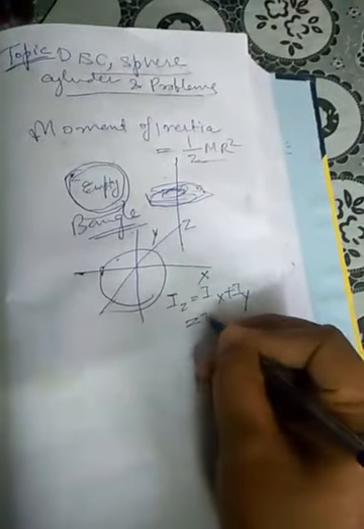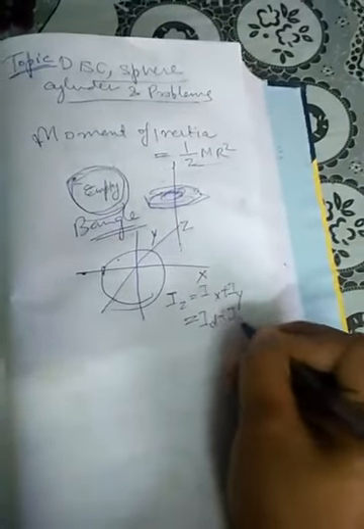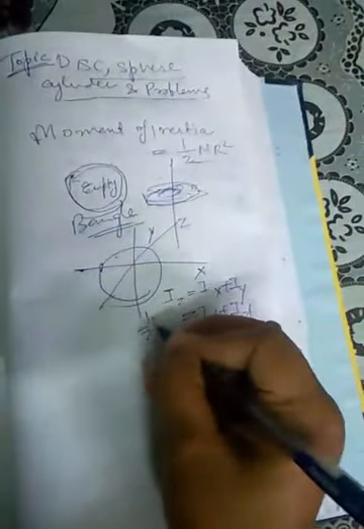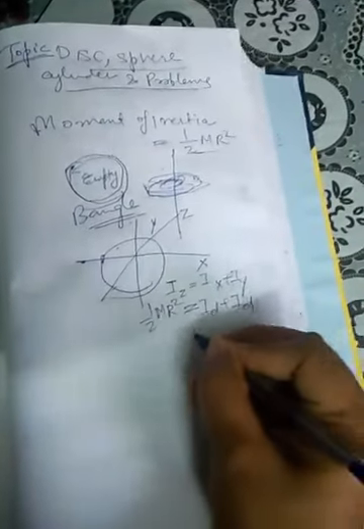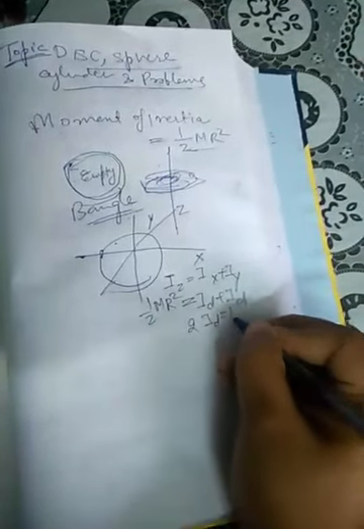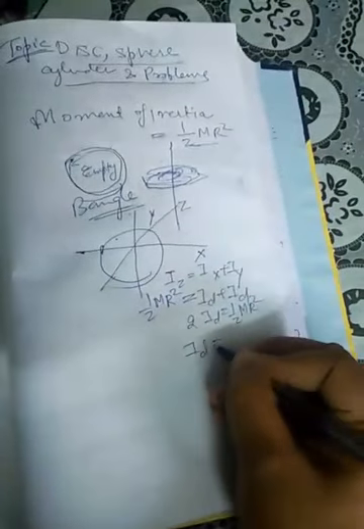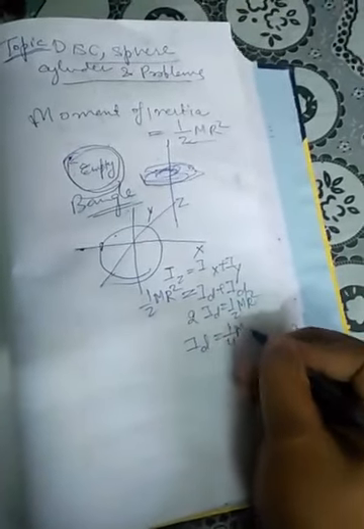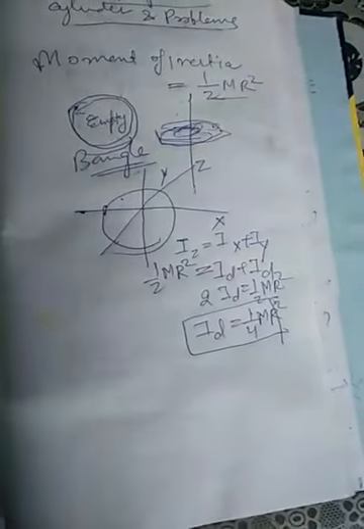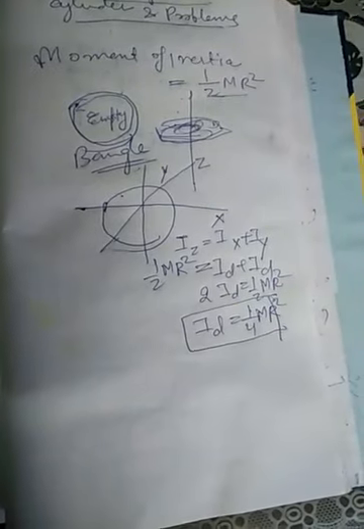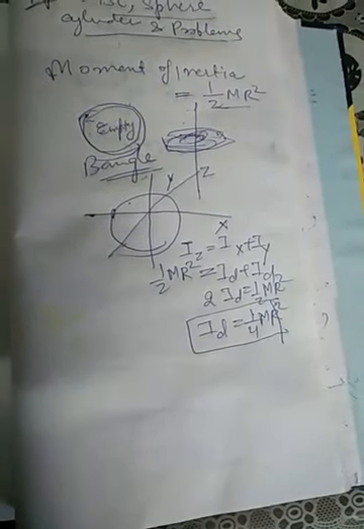So Id plus Id equals half MR square, that means 2Id is equal to half MR square, so Id will be equal to 1 by 4 MR square. So the moment of inertia of a disk along any diameter is 1 by 4 MR square. Here we have taken the help of the perpendicular axis theorem.